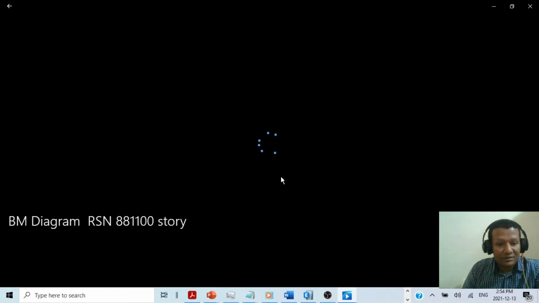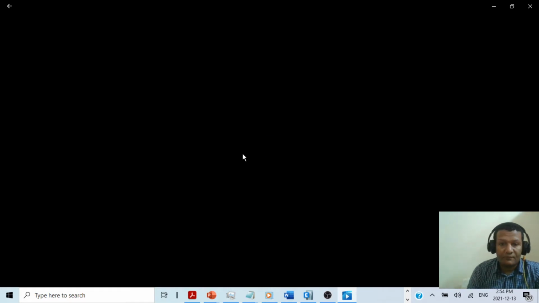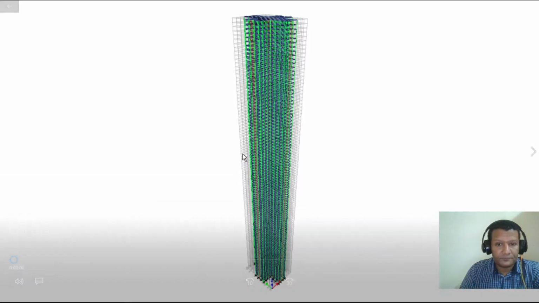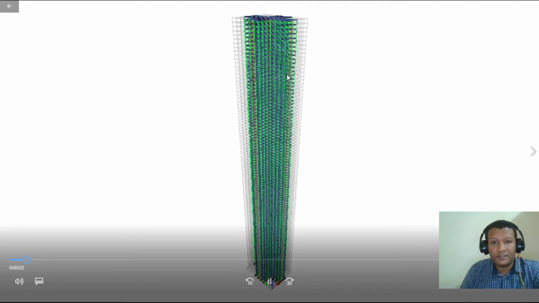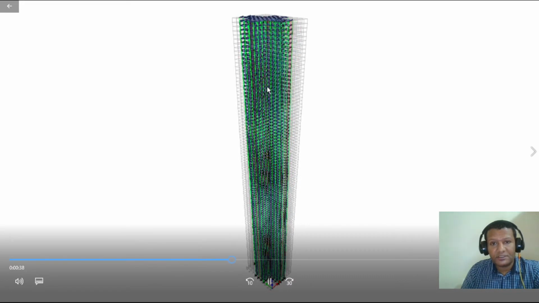This is for the 100-story building. As you can see at the beginning, there is some kind of motion, but as we go along, we can see the variation.